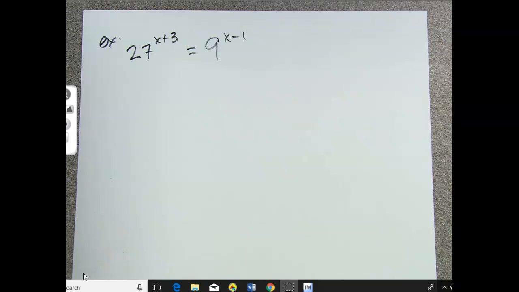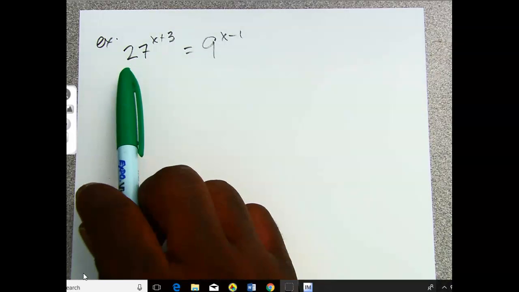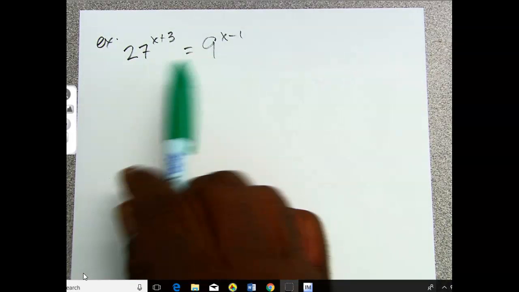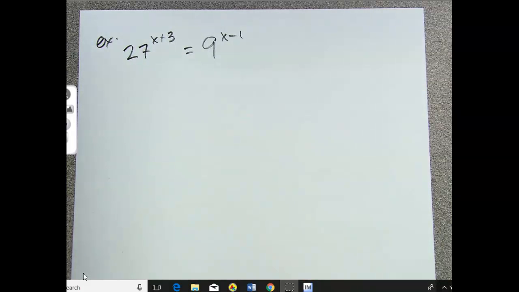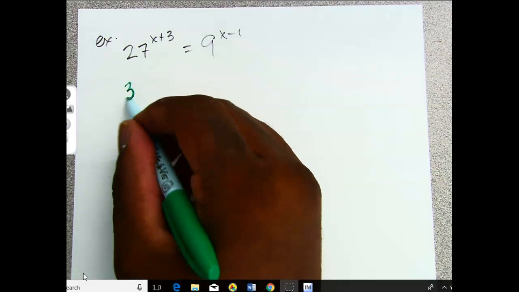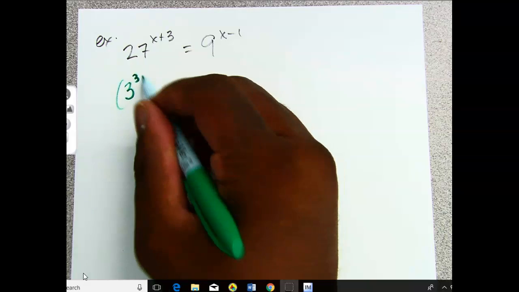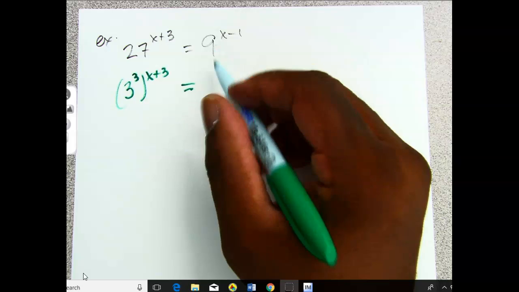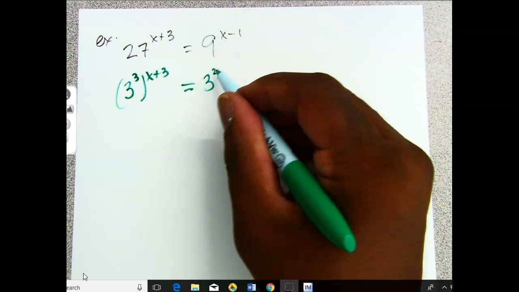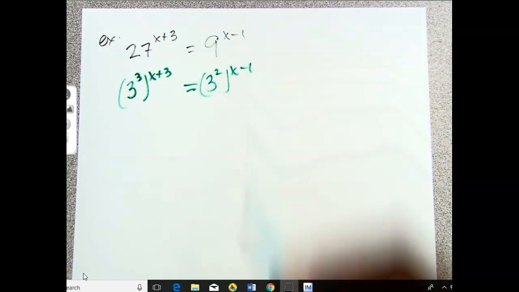So here's a case where we should be able to equate the bases, but we will have to change both of these terms. What I notice is that 27 is 3 to the third power, 9 is 3 to the second power. So 27, we can rewrite it as 3 to the third, and then that's raised to the x plus 3. 9, we can rewrite that as 3 squared, and that's raised to the x minus 1.